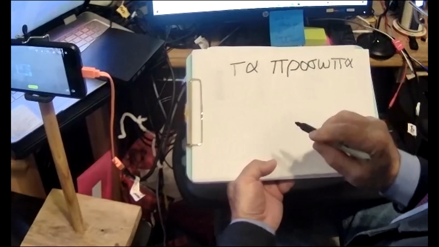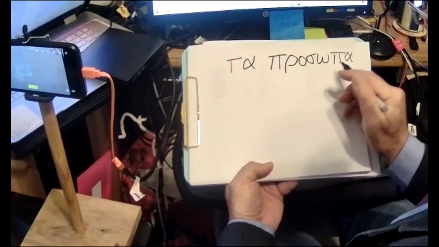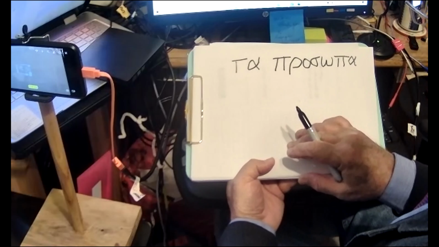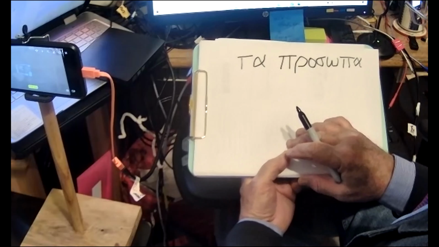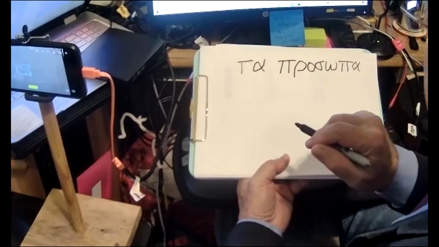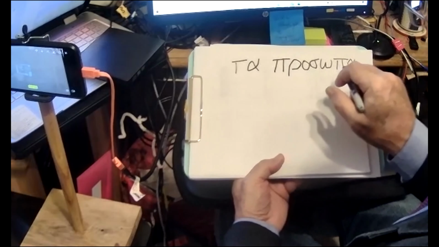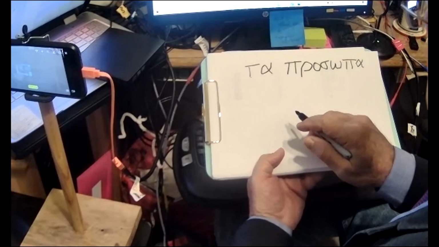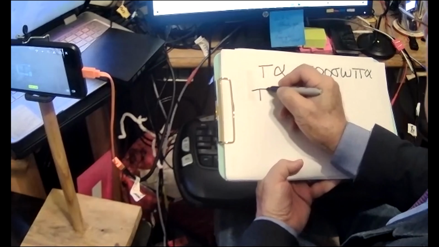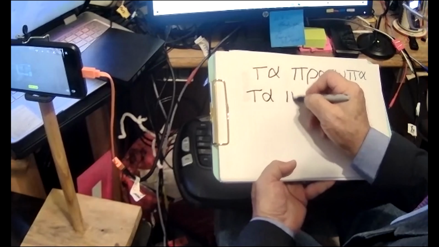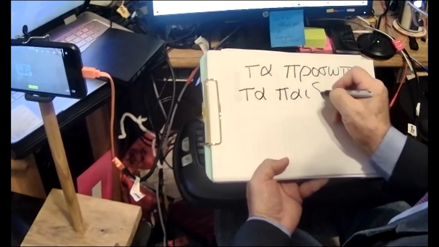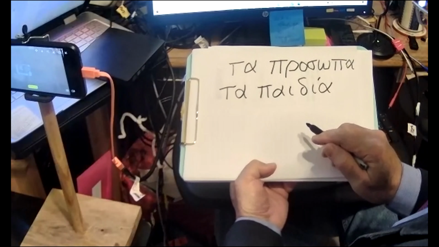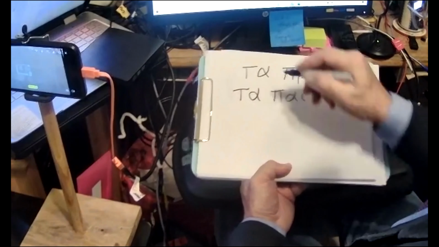This ending is alpha. So we do have some alpha endings in the words we have learned already, in the neuter words in particular. Ta prosopa, the faces, ta paidia, the infants, the faces.